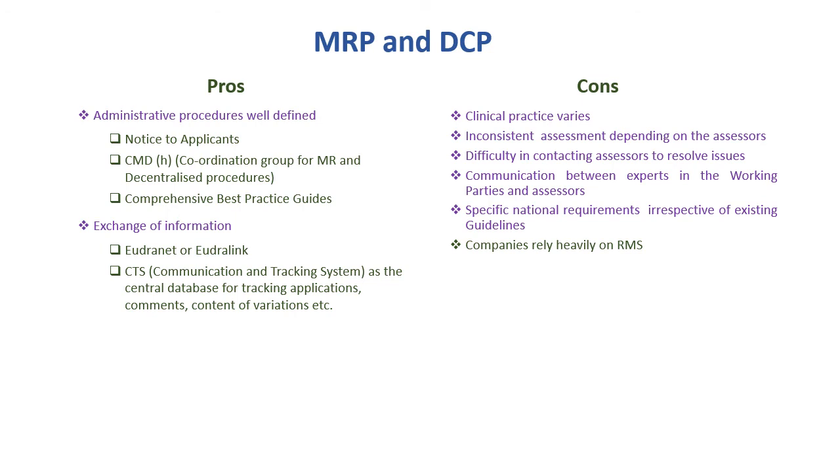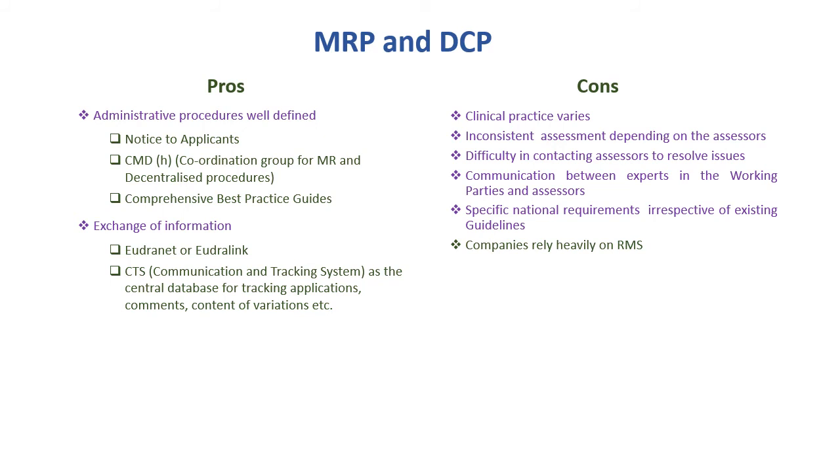So, what are the pros of the mutual recognition procedure and the decentralized procedure? They are basically administrative procedures which are well defined and give notice to applicants, and you have a coordination group for the mutual recognition and decentralized procedures, and also comprehensive best practice guides.